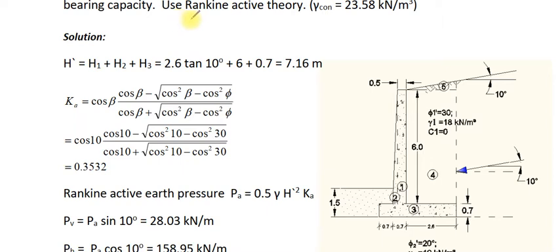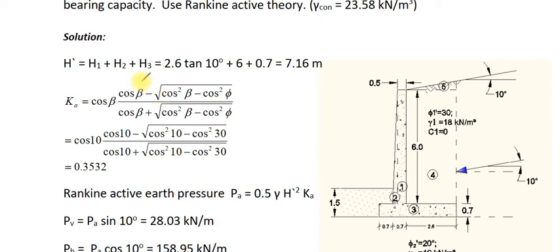The theory of active earth pressure is given here in the question: use Rankine active theory. The first step in calculating the factor of safety is to compute all the forces acting on the structure.